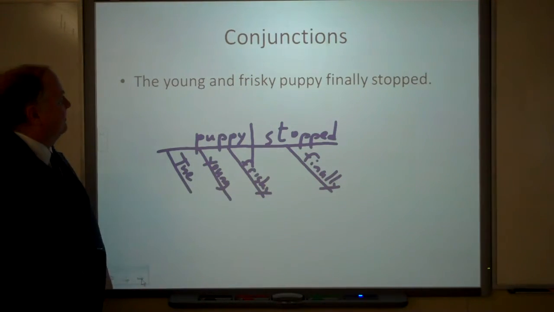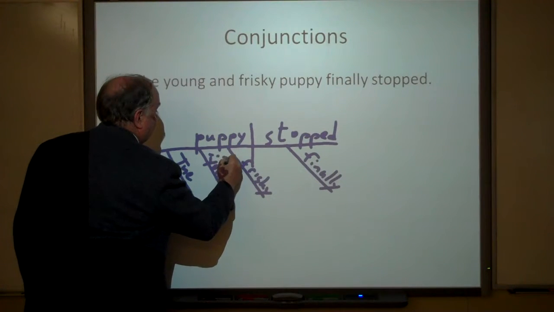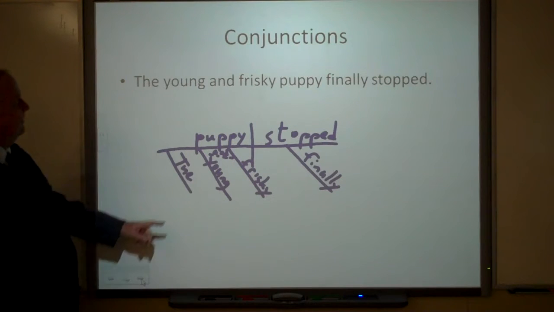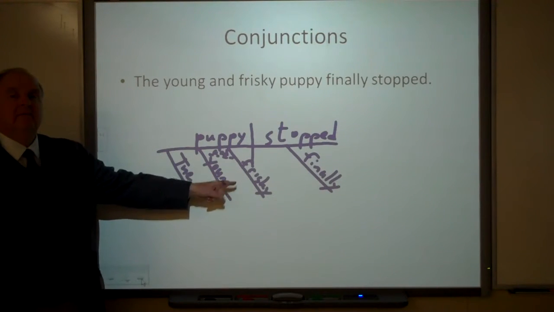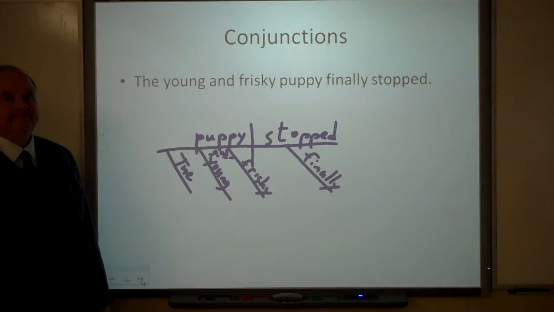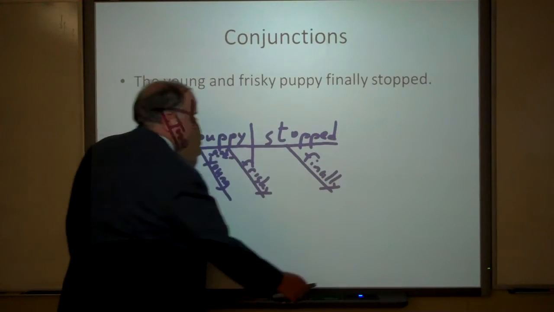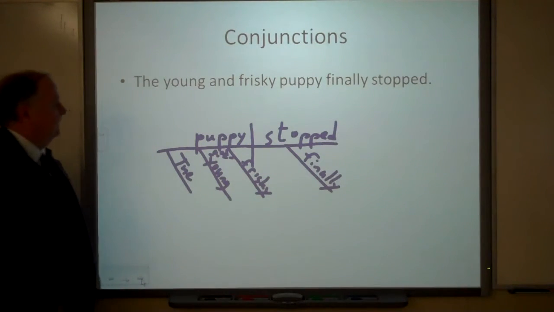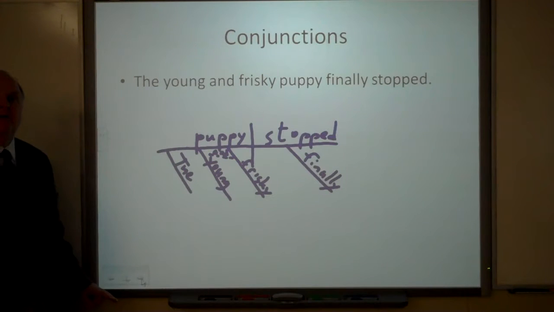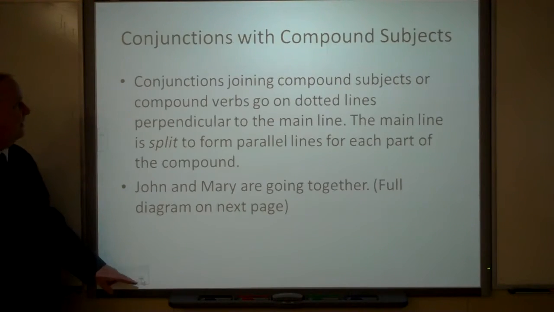Okay, and goes on a dotted line parallel to the main line, in this case between the two words it's making a compound of, between young and frisky. So conjunctions go on dotted lines connecting the words they modify.